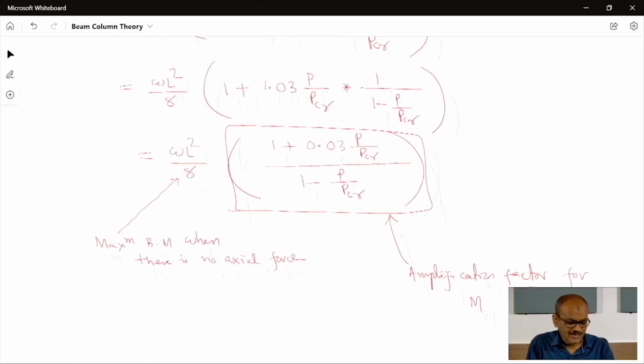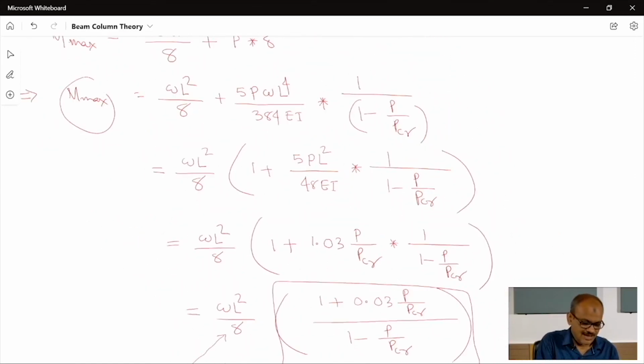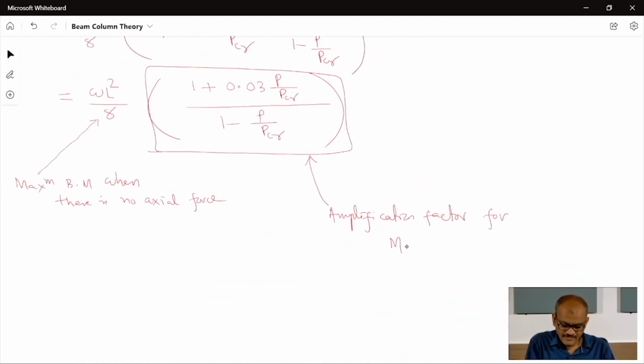We are calculating M max. So this is the amplification factor for finding M max when axial load is applied along with the transverse load. This is all about. Thank you.